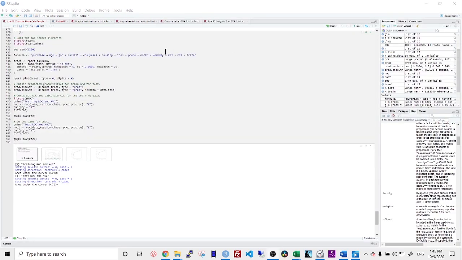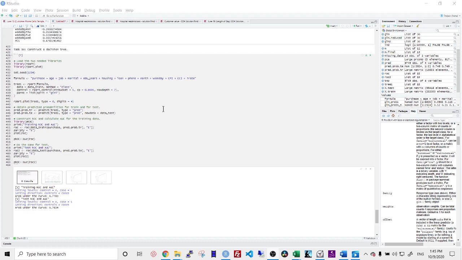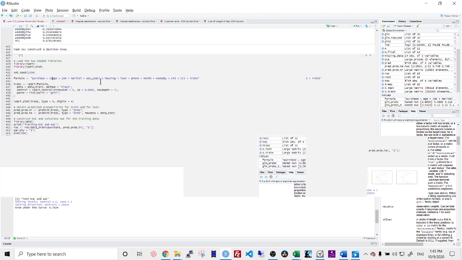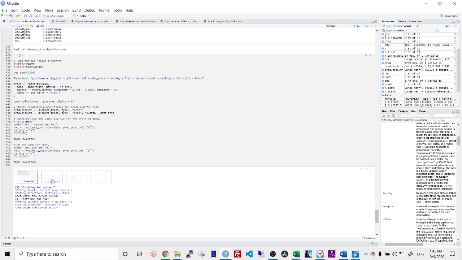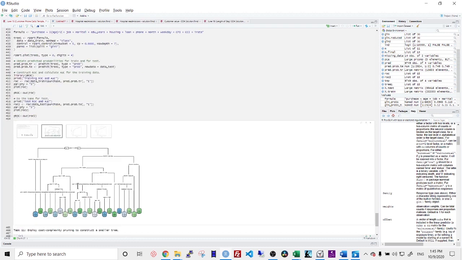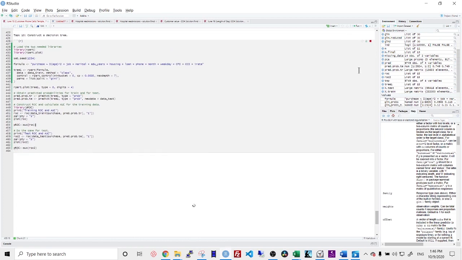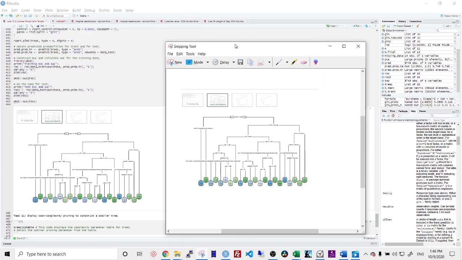One trivia fact about decision trees is that monotonic transformations of variables make no difference in the decision tree structure. An example would be taking the square of age. This is the tree with age by itself, and this is the tree with age squared, and you can see that these are exactly the same.